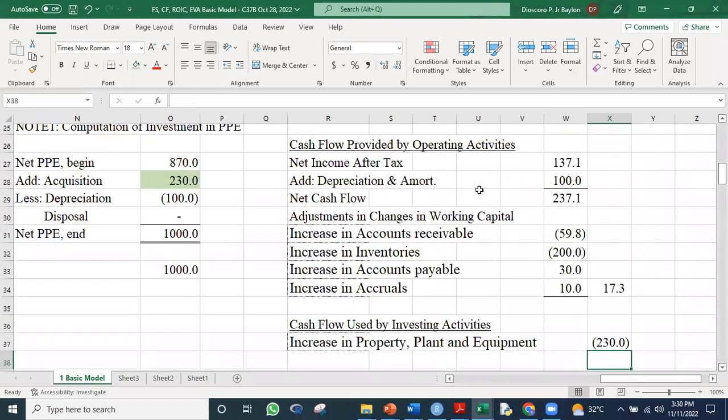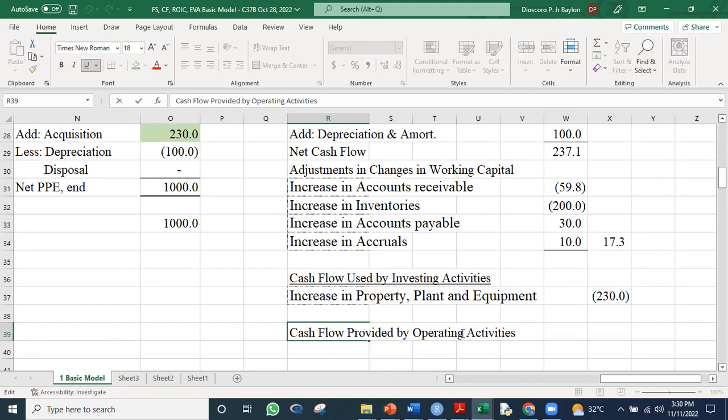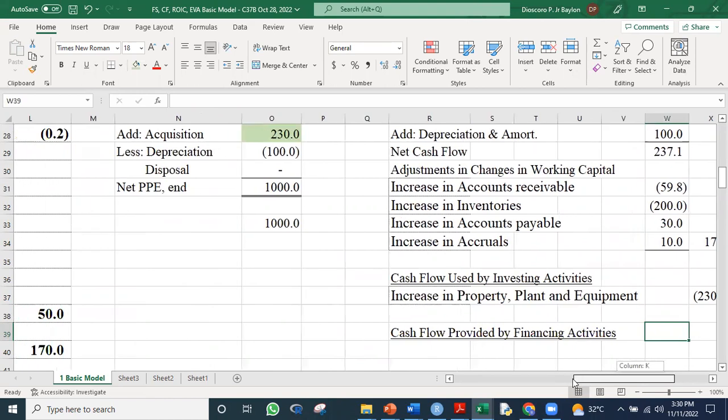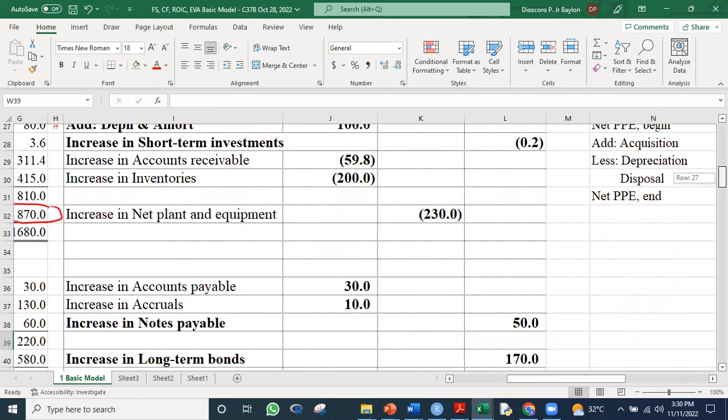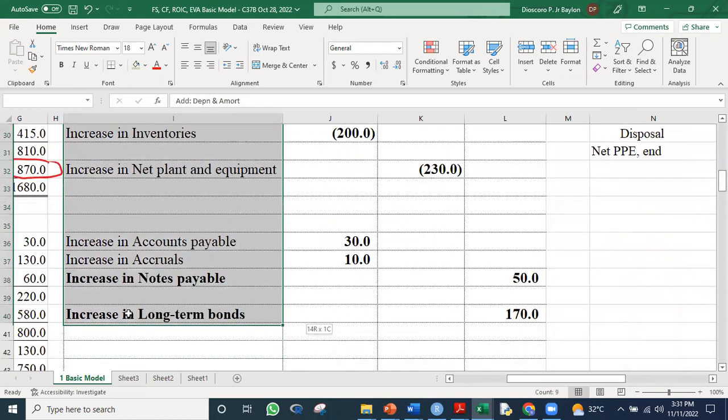Okay, and then let's just copy this again. Control C, Control V, because it's the same provided. Okay, F2, and then let me put here financing. Okay, cash flow provided by financing activities. Okay, and then we're going to copy. We put everything here.